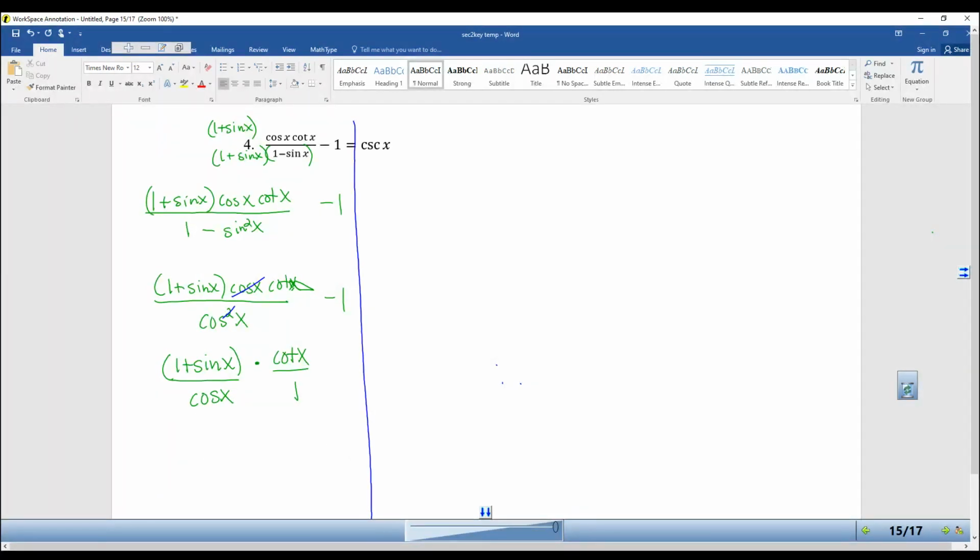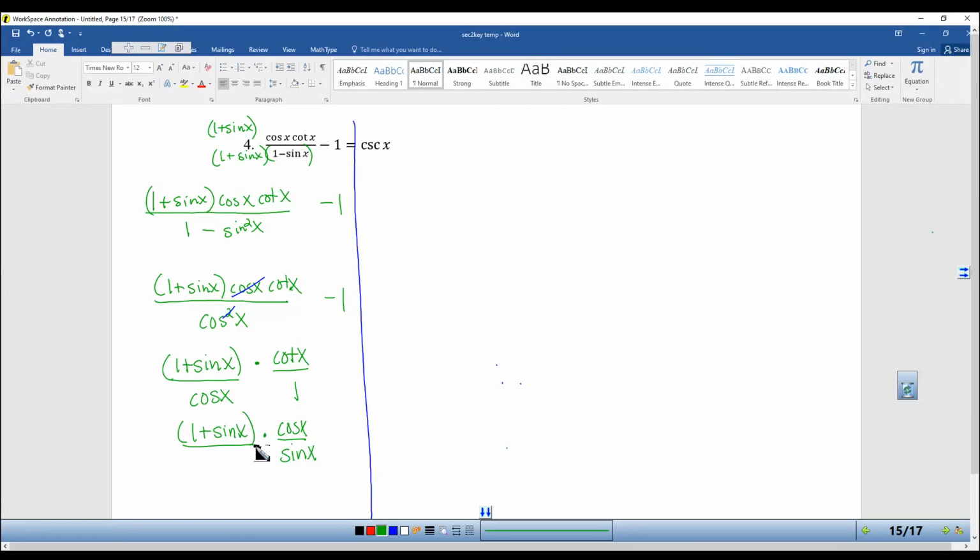So the reason that I separated it out, I've got my eraser, I'm just going to fix that little x there. The reason I separated it out is because I wanted to change cotangent to cosine over sine. And I thought that if I did it here as part of the complex fraction, I might lose some people.